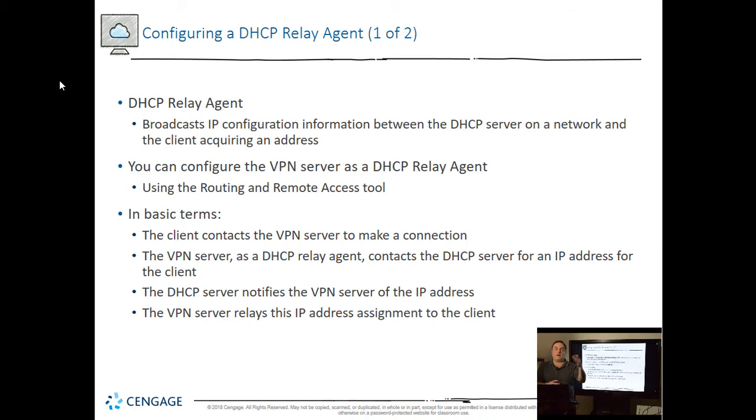Well, you can add all those different subnets as scopes in DHCP, and then you turn on the DHCP relay agent for all of those different subnets to look back to the one subnet that has the DHCP server in it. So you have to set up the relay agent to do that. You can configure the VPN server as a DHCP relay agent as well using the routing and remote access tool.